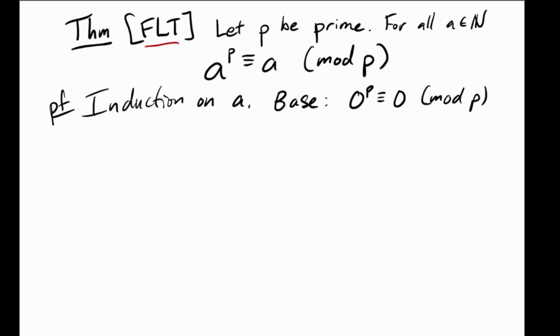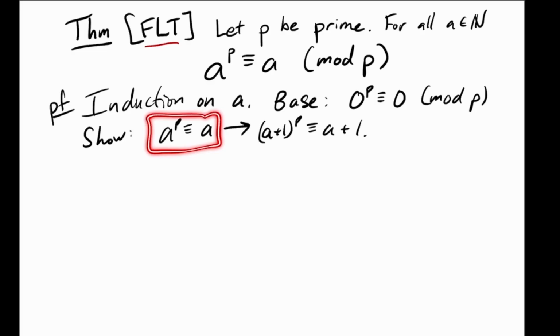Now for the induction, we need to show that a to the p congruent to a implies that a plus 1 to the p is congruent to a plus 1. So that's our goal. This is our inductive hypothesis, that a to the p is congruent to a.